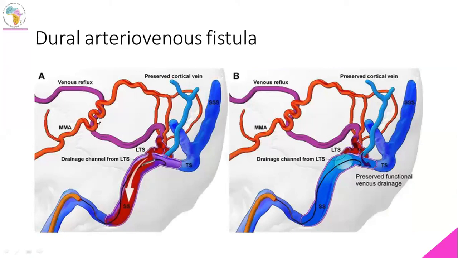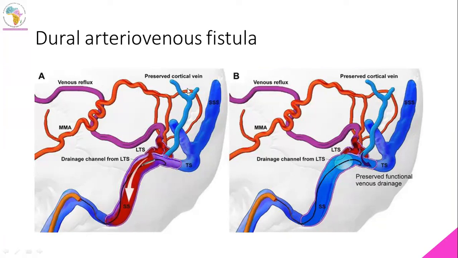Sometimes we have a pathological connection between an artery, mainly the meningeal artery, that makes a direct or fistulous connection with the dural sinuses. We call this condition dural arteriovenous fistula. This leads to increased pressure inside the dural sinus with secondary reflux along the veins that drain to that sinus.